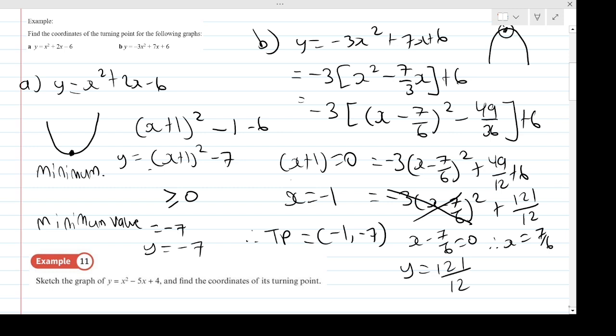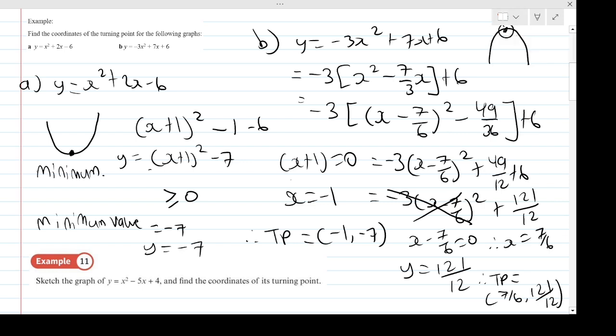Therefore, the turning point is 7 over 6, 121 over 12. And there we are. So hopefully you realise we can actually get it quite quickly. If you just set the bracket to 0, you get the x coordinate, then the number outside the whole bracket will give you the y point. Therefore, you've got the whole turning point.